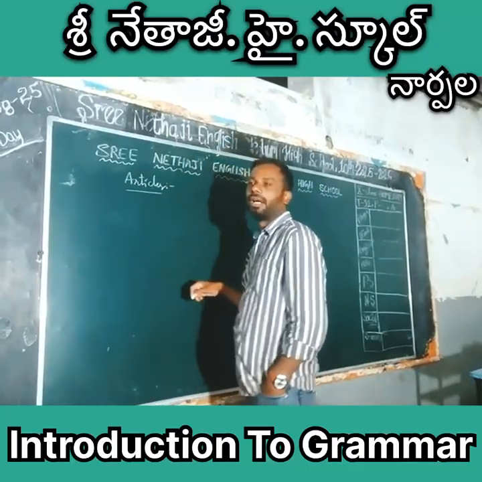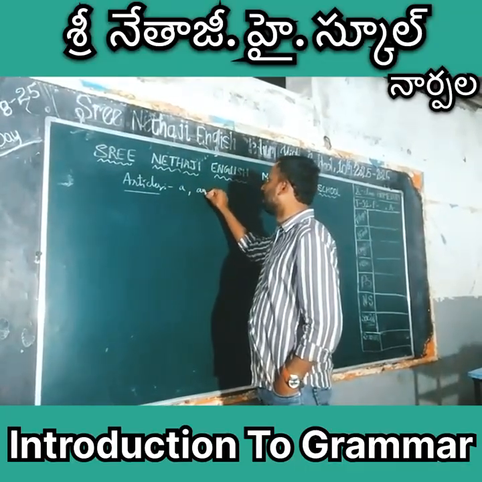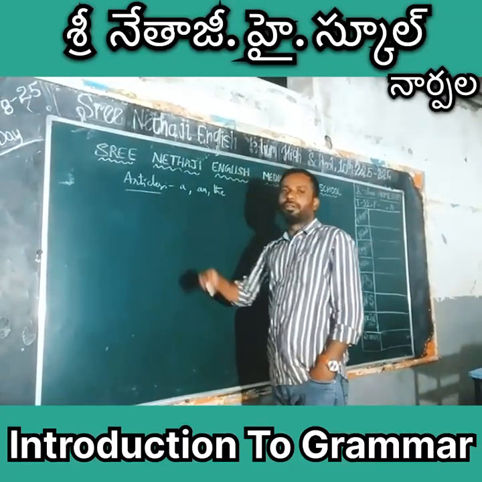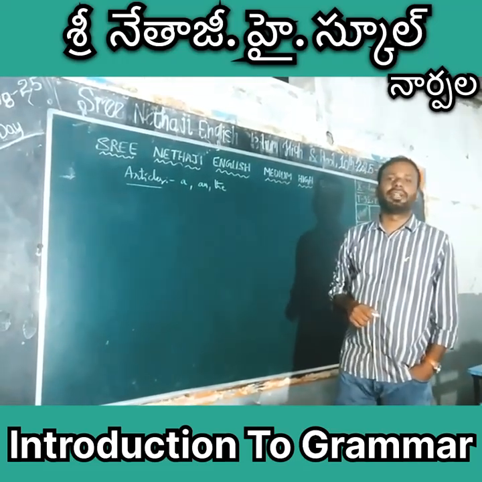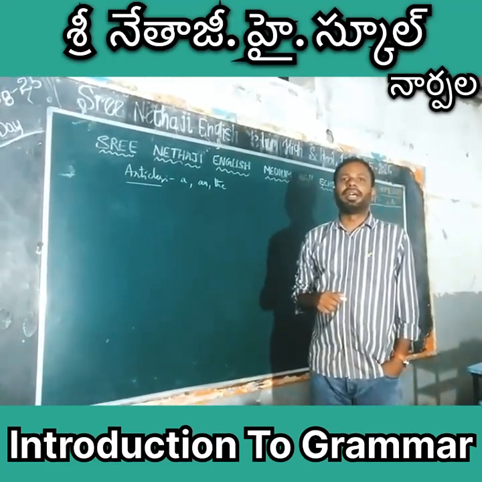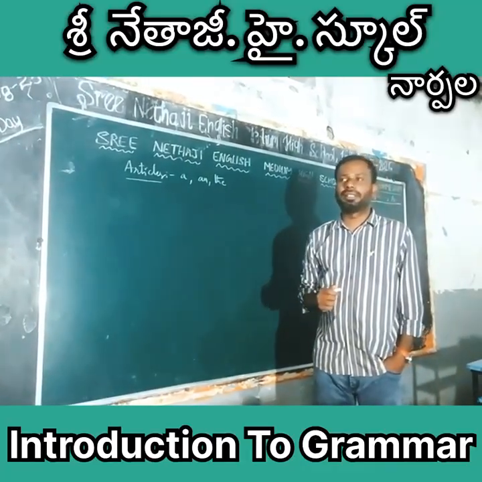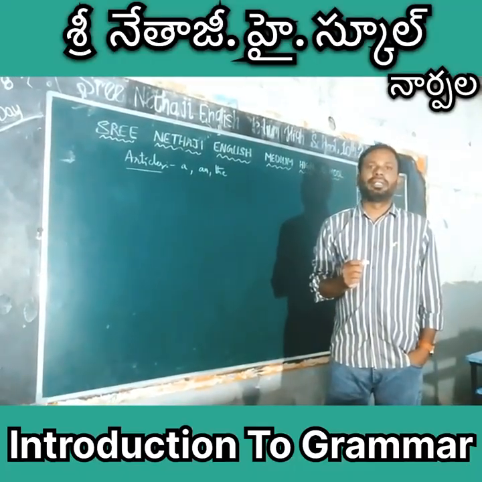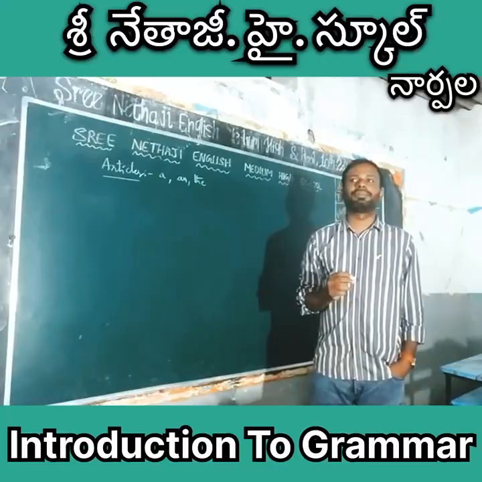We have three articles, a, an and the. We know very well that there are 26 letters in English literature and they are called alphabet. Everybody thinks that 26 letters that are put in English is called alphabets, which is completely a misconception.